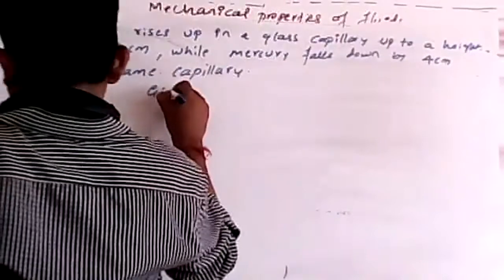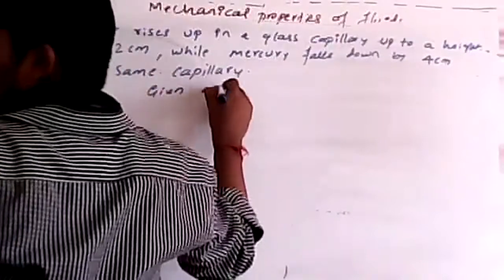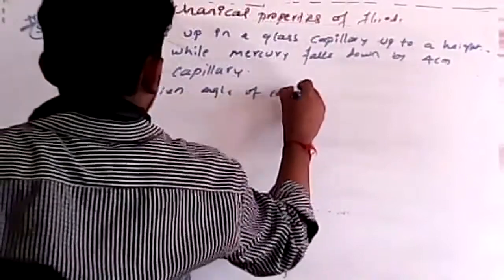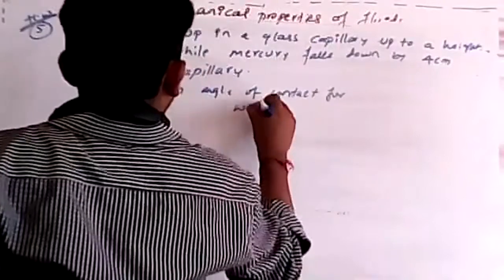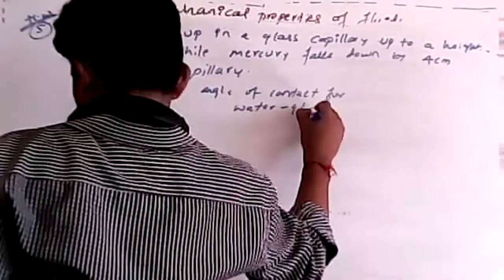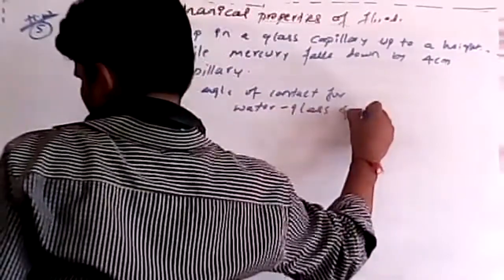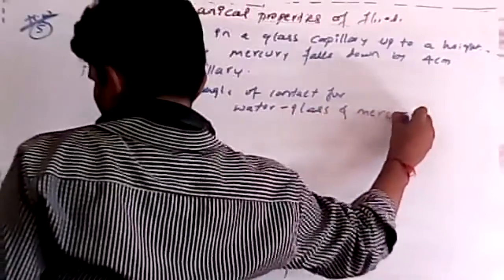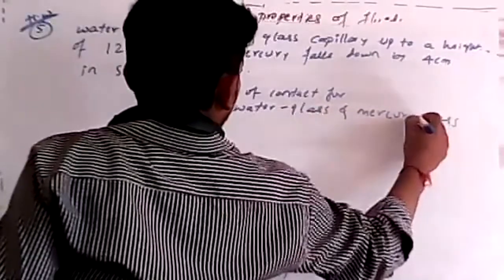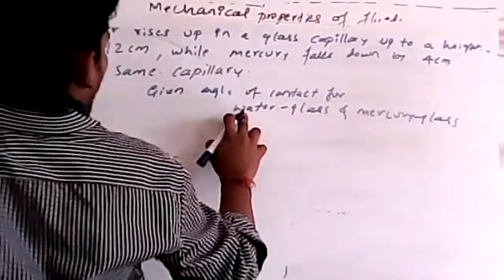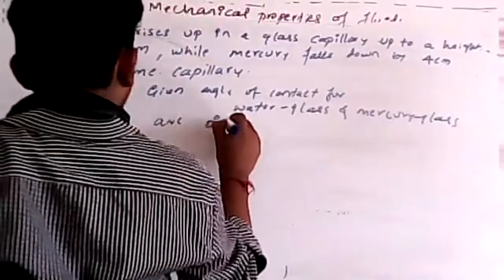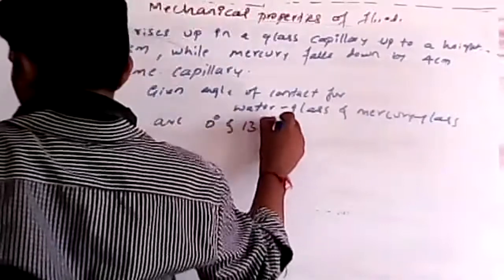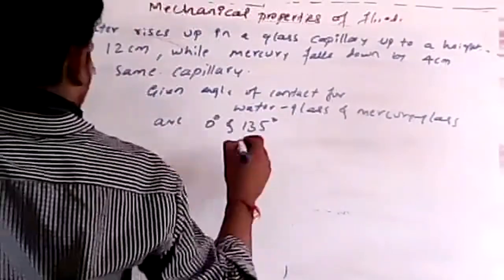Given angle of contact for water and glass, and mercury and glass, are 0 degree and 135 degree respectively.